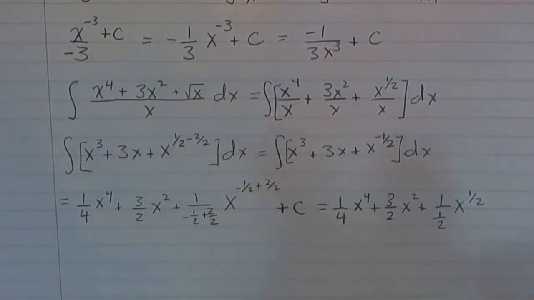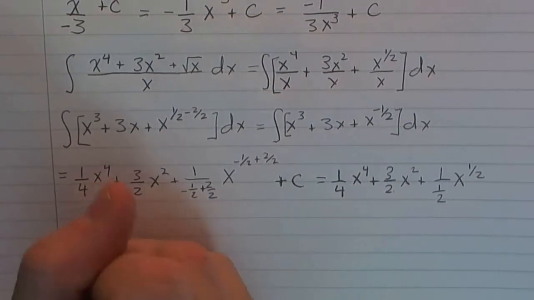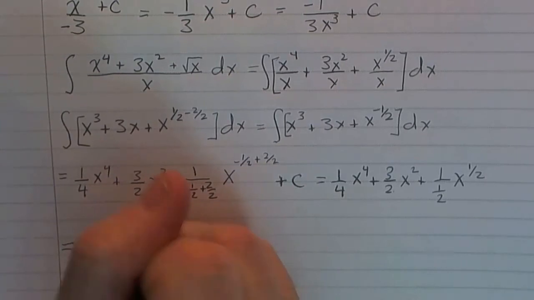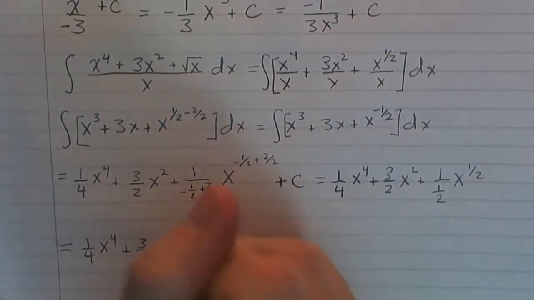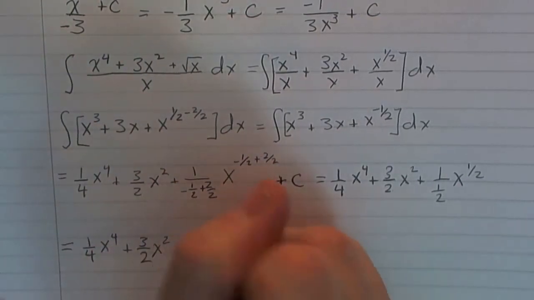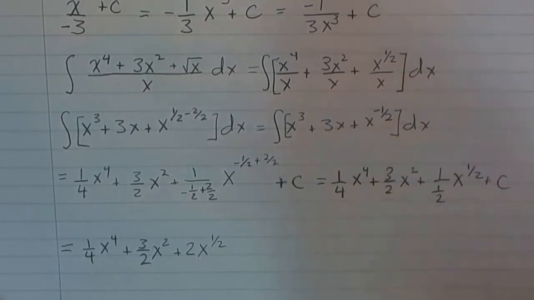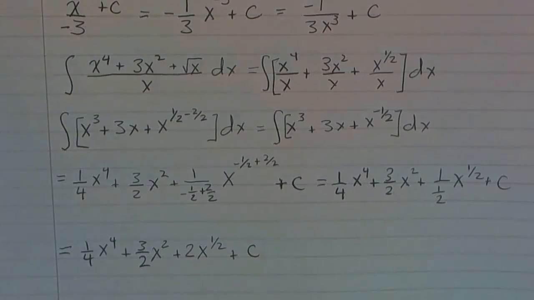And then, to clean it up a bit, we've got 1/4 x to the 4th plus 3/2 x squared plus 2x to the 1/2. Oh, I forgot the plus c up here. Look at me. It's easy to forget the plus c. Okay, so there you have it.